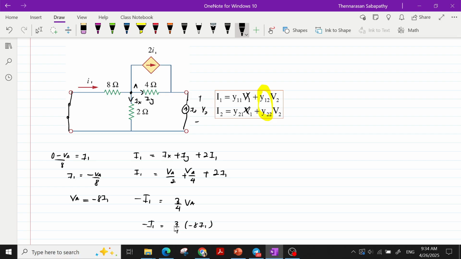Something is wrong. I need to describe everything in terms of I1 and V2. I made a mistake here, I think. Let me check. Because we need not describe everything in terms of V. Oh yeah, the I2s. Iy is actually wrong, sorry for that, because V2 is still missing.